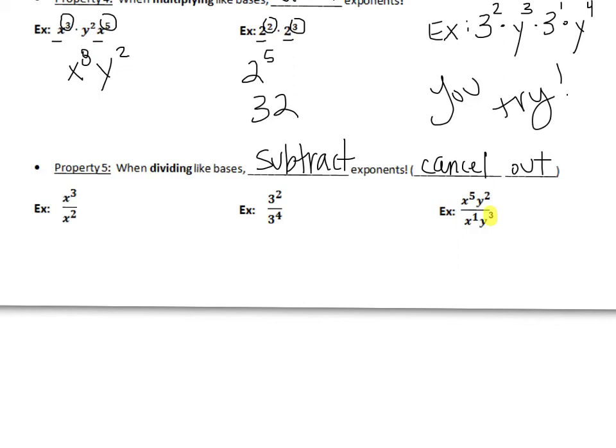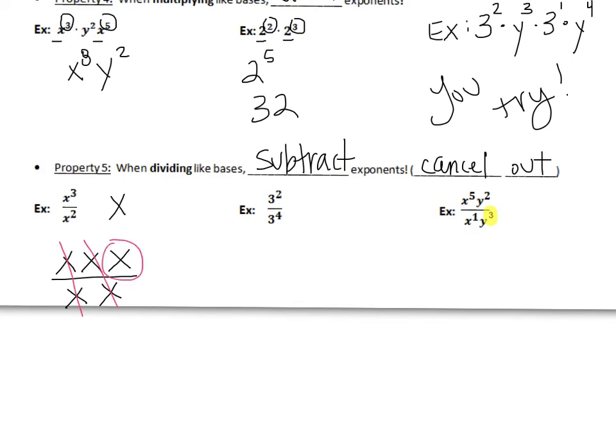And you're always going to subtract the smaller one from the bigger one. So since the bigger one is on top, our answer will be left in the numerator on top. So our answer here is just x. The canceling out thing is, if you wrote it out, x cubed looks like this, x times x times x, and x squared looks like this, x times x. So you could cancel out 1 for 1, 1 for 1, and you see you have 1 left on top.